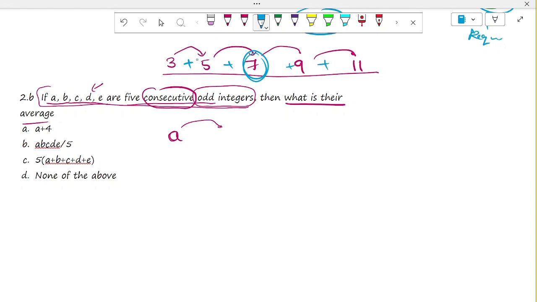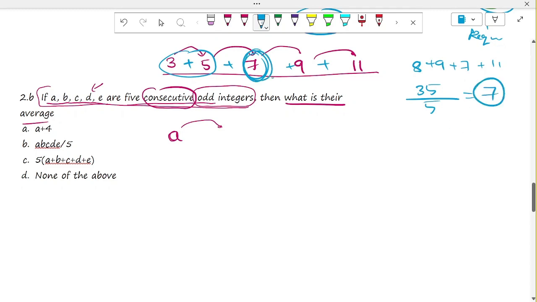Add all of them: 3 plus 5, 8, plus 9 is 17, plus 7 is 24, plus 11 is 35, and 35 divided by 5 is equal to 7, right? So directly we can find out the average. You can see the middle value will be the average. So in A, B, C, D, E, what is the average?